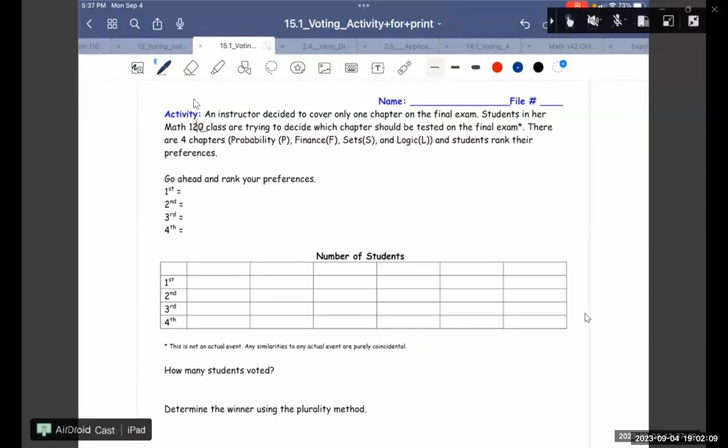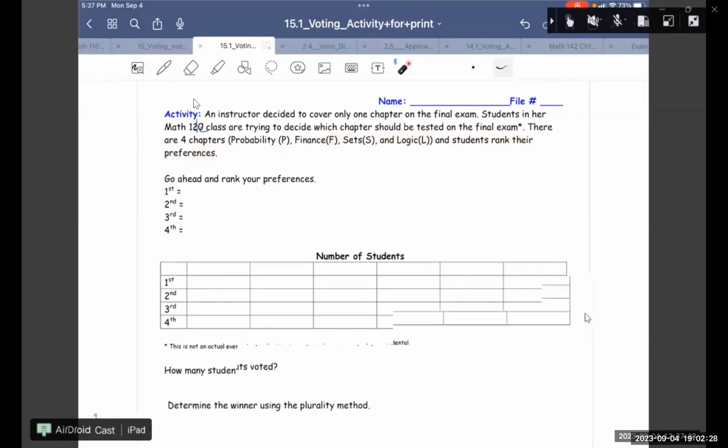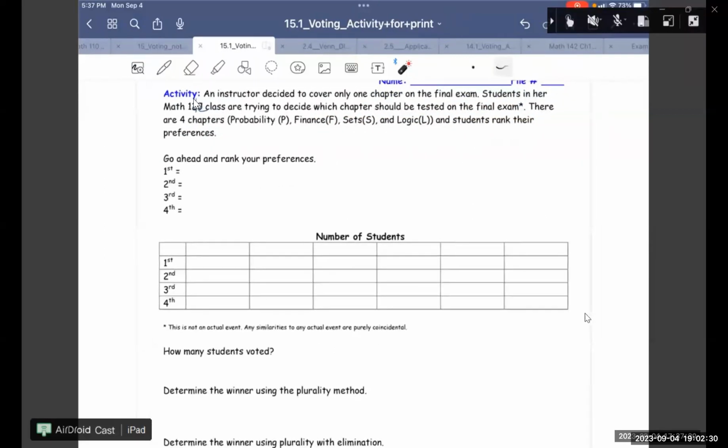The test and final cover the chapters: probability P, finances F, SAS is S, and logic L, and the student marks their preference. So let me fill it in.